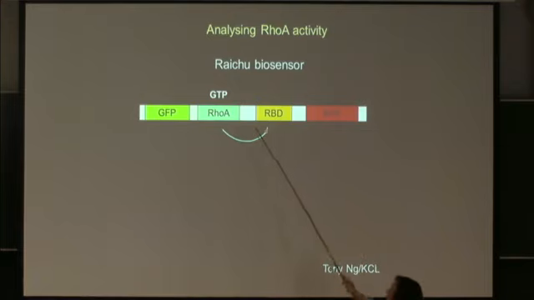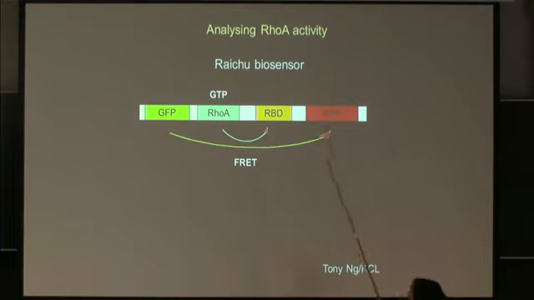And when Rho A is active, bound to GTP, it's going to bind to this bit, which is a bit of a protein that Rho A normally binds to. And so it recognises this only when it's bound to GTP and not GDP. So when Rho A is active inside the cell, this bit of the protein will bind to this bit of the protein.